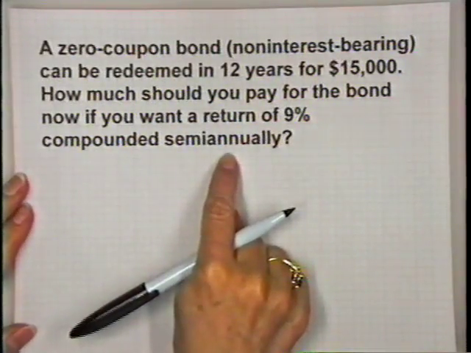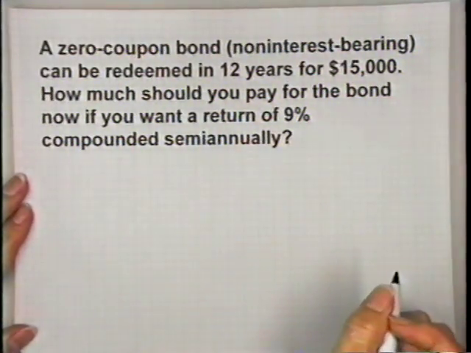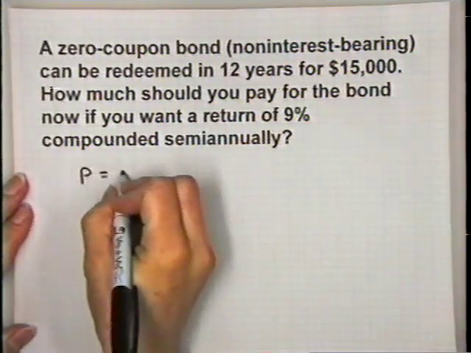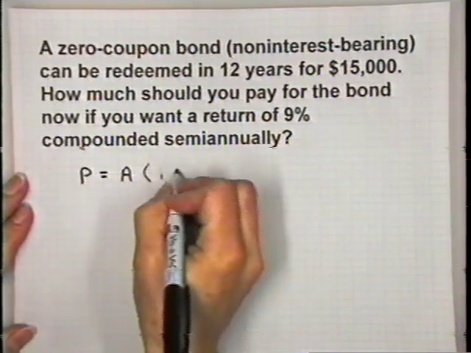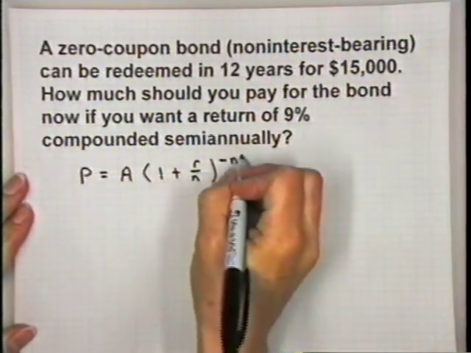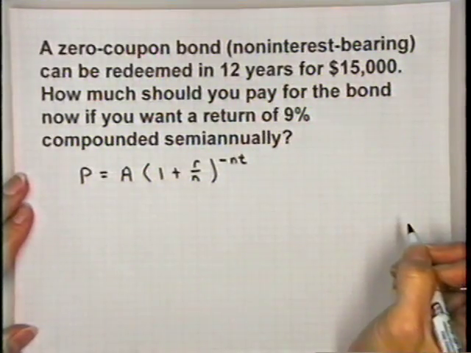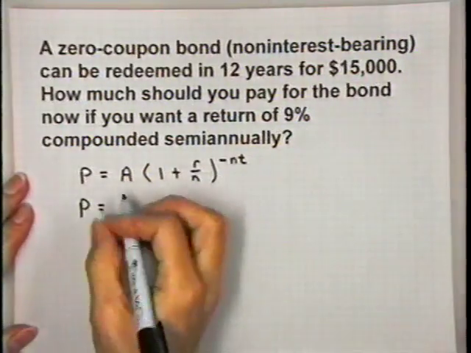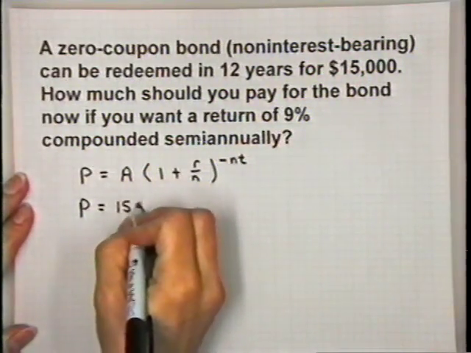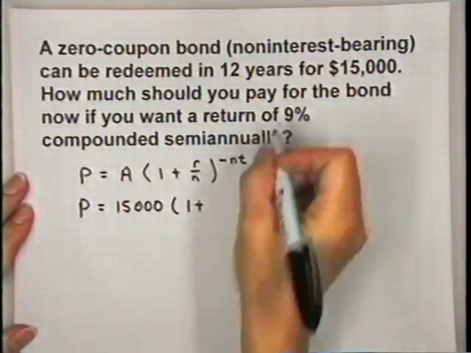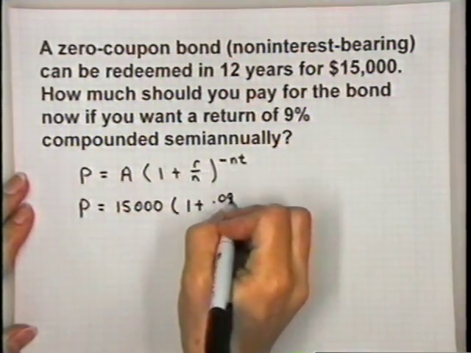Did you notice that? So let's go back to the formula where we do not have continuous compounding. Our present value formula was P equals A times 1 plus r over n, and we need a negative n times t exponent here, don't we? Okay, well we're looking for this P. We're going to get $15,000, so that's our amount, that's A. 1 plus our interest rate is 9%, so that's 0.09.